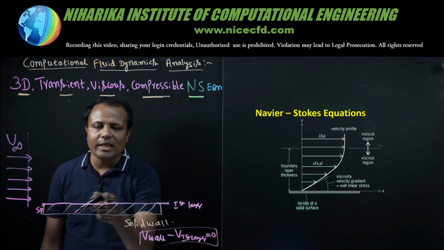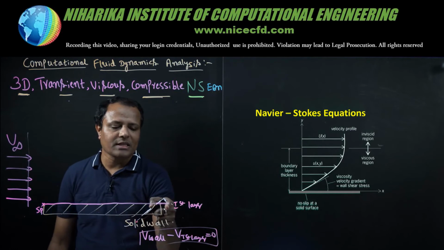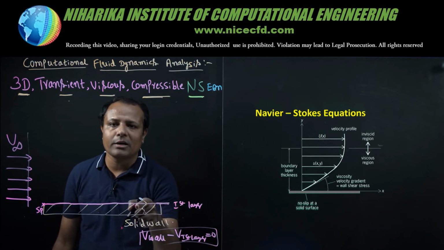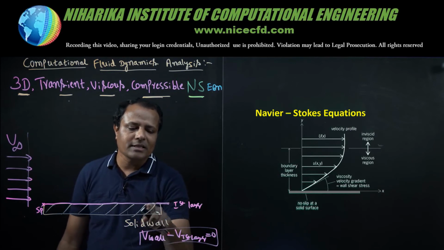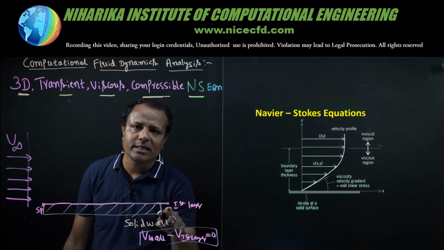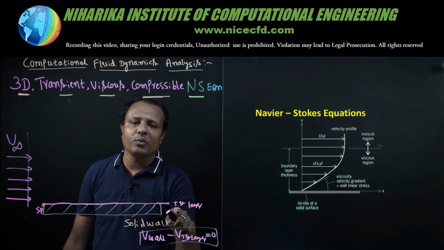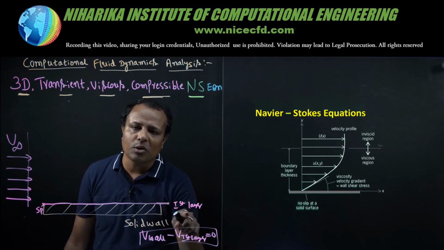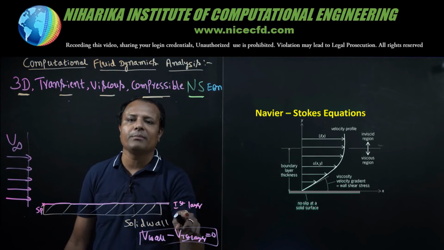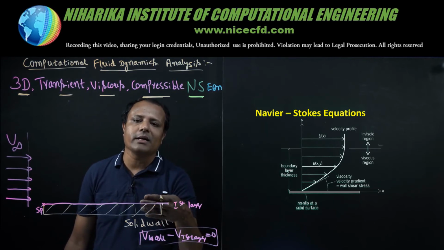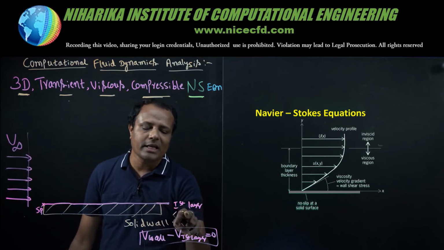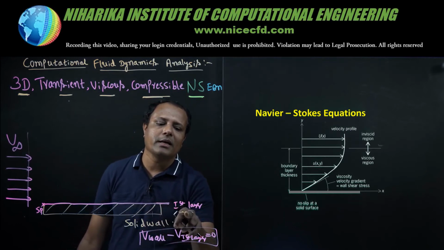That means if the wall is stationary, your first layer, which is permanently adhered to the wall because of the viscosity property, is also stationary. If your wall is moving with 1 meter per second linear velocity, that layer also moves with a linear velocity of 1 meter per second. If your wall is rotating at 100 rpm, then the first layer will also rotate at 100 rpm.